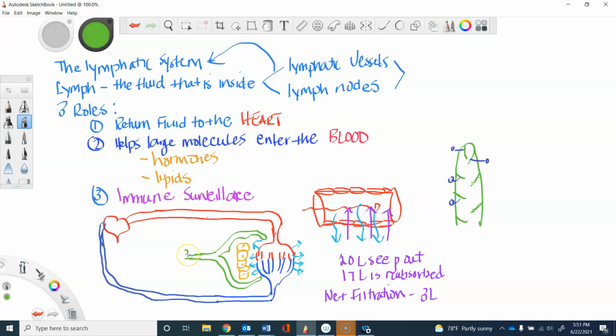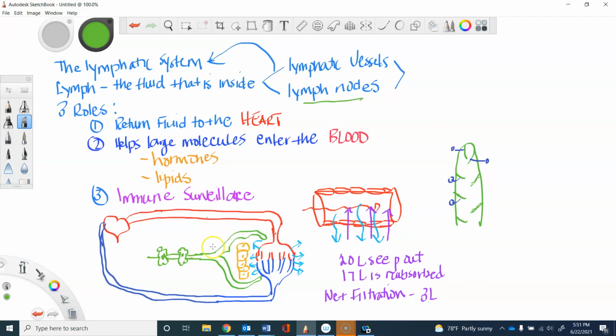And what they do is they have some stops along the way that we call lymph nodes. And those lymph nodes, so these guys here, function to clean the stuff, get the junk out of it.